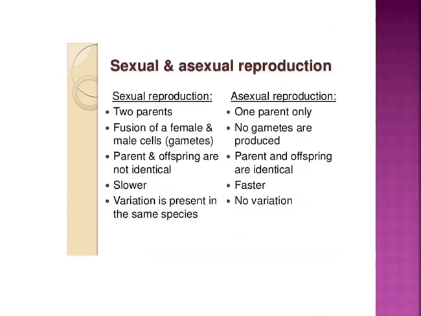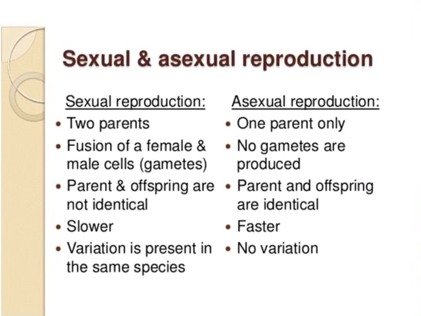Now the next very important part of this chapter: what is the difference between sexual and asexual reproduction? In sexual reproduction, two parents are there, and in asexual reproduction, only one parent. Sexual reproduction: fusion of female and male gametes. In asexual reproduction, no gametes are produced. In sexual reproduction, parent and offspring are not identical, but in asexual reproduction, parent and offspring are identical.